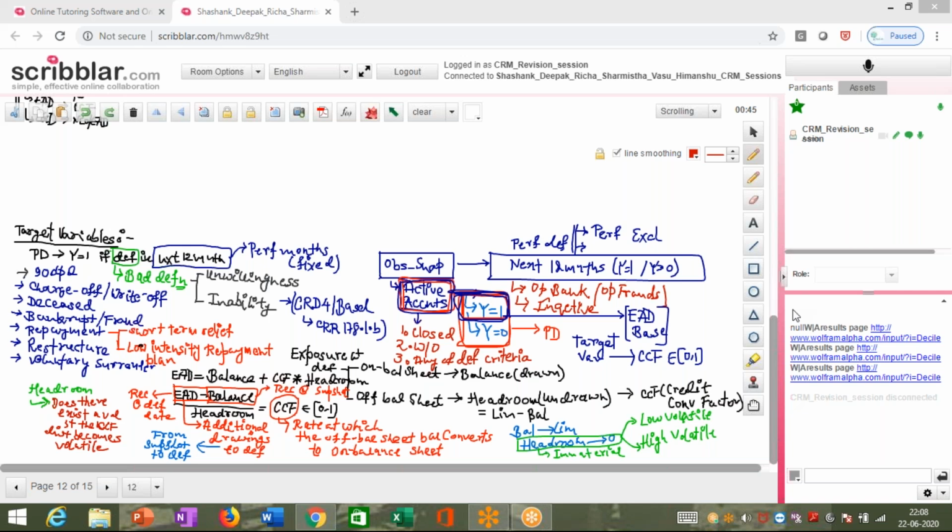If there exists such a point, then if the utilization is less than this, I'll have a separate definition for CCF, because if I use headroom, then my headroom becomes very small, so I cannot use it. Otherwise, CCF becomes unnecessarily unstable.